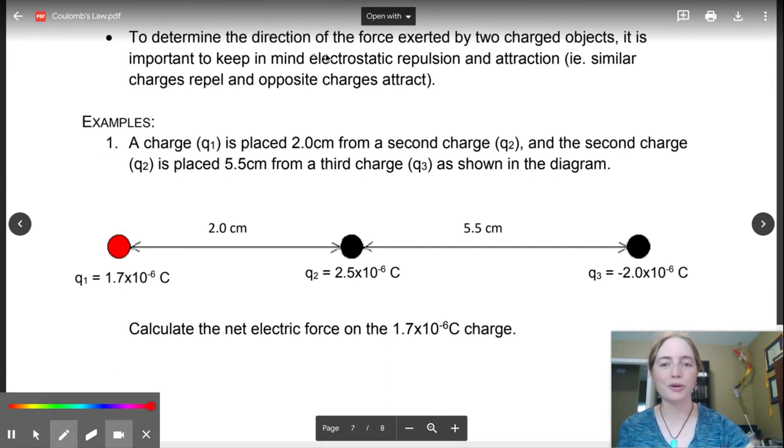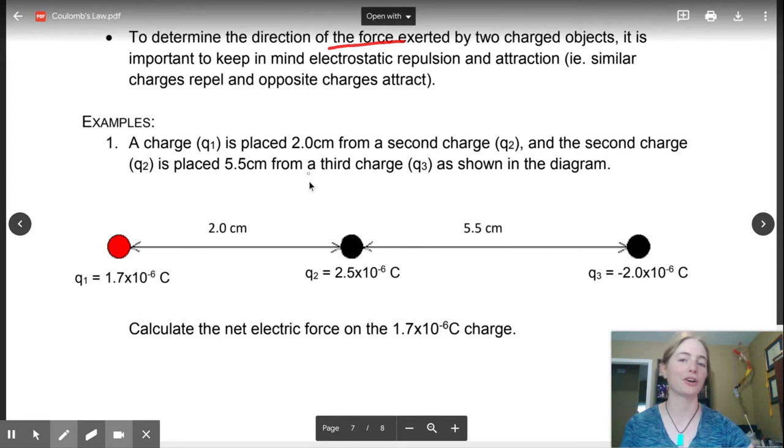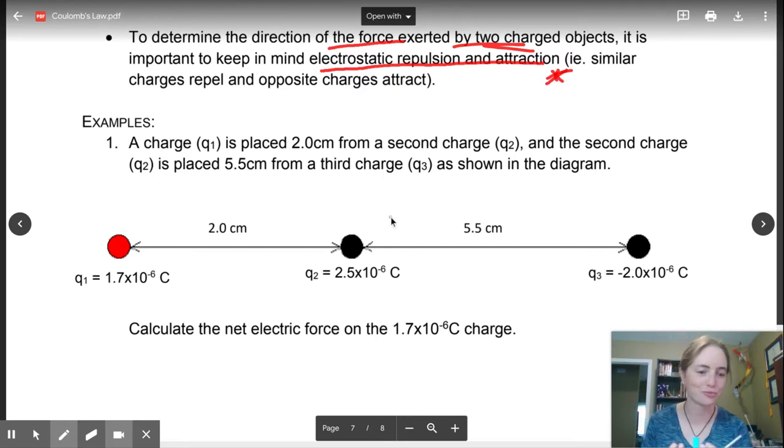When we're looking at the force exerted by two charges on our charged object, we need to keep in mind our electrostatic repulsion and attraction rules. Remember how similar charges repel and opposite charges attract.